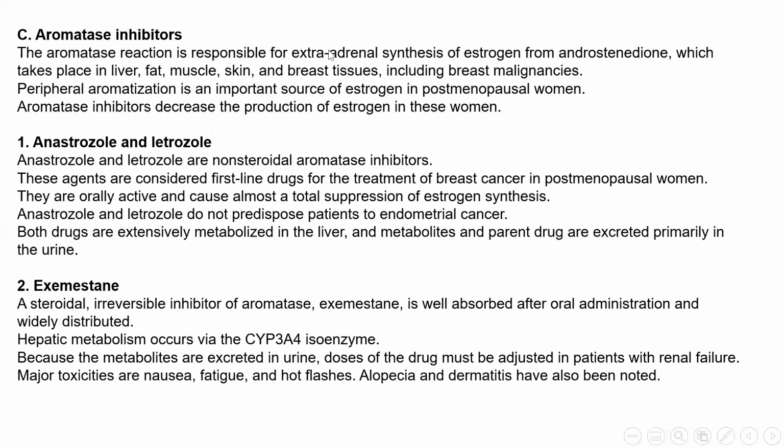This reaction mostly happens in places such as liver, fat, and muscle, and causes an increase in the level of estrogen in postmenopausal women. Peripheral aromatization is an important source of estrogen in postmenopausal women, and this point has been used to develop aromatase inhibitors to treat breast cancer in postmenopausal women.